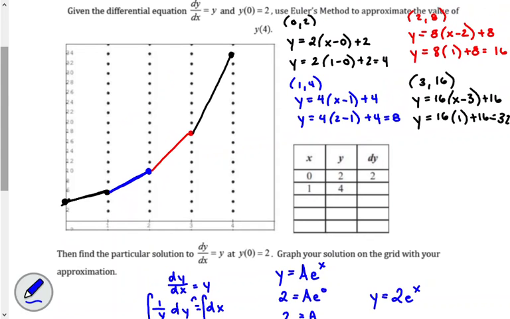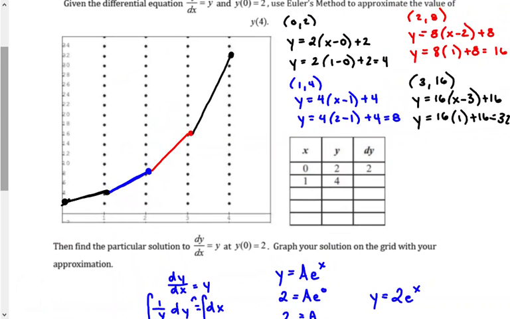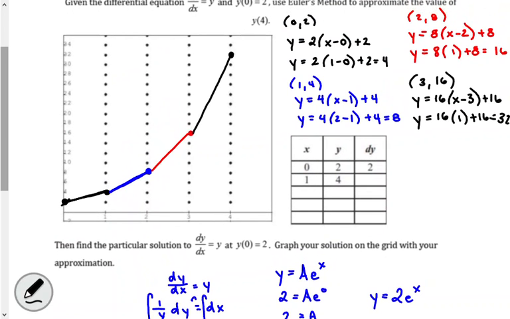Can somebody in your calculator plug in 2e to the first for me? 5.4. Okay, so our first point is at 5.4. What's 2e squared? 14.7. What's 2e cubed?